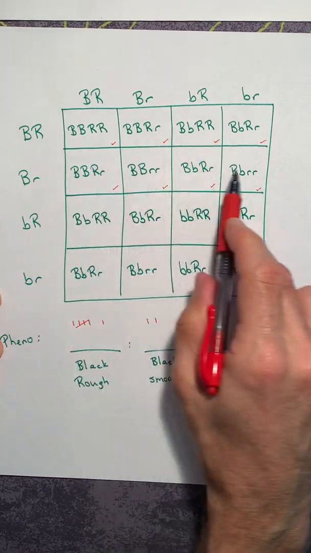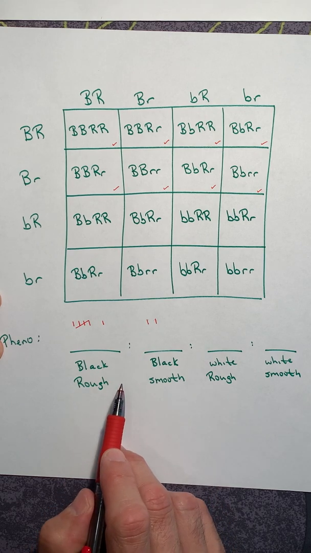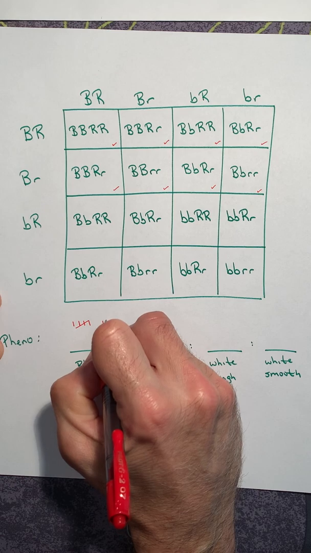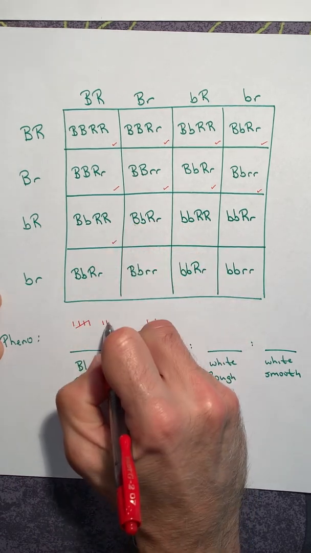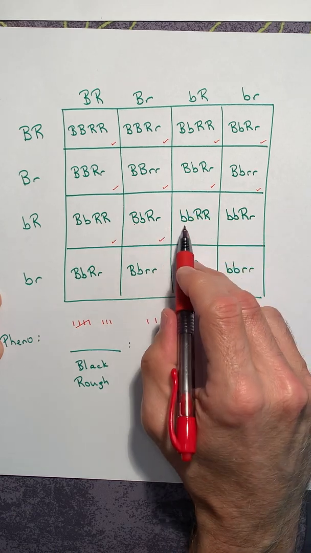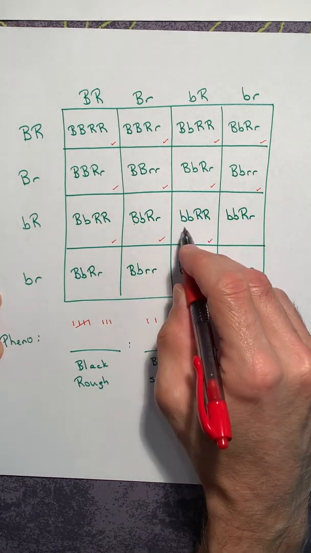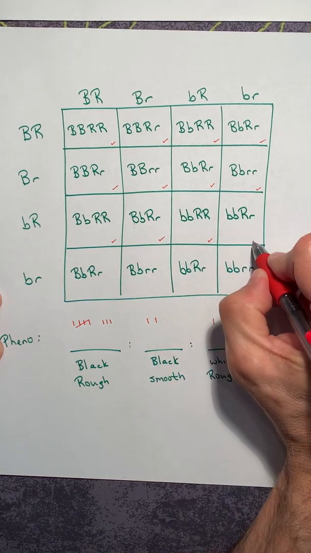So now we have 8 check marks, 5, 6, 7, 8 tick marks. Excellent, 8 and 8. Third row, black and rough, black and rough, white and rough. So this is white and rough here, white and rough again.